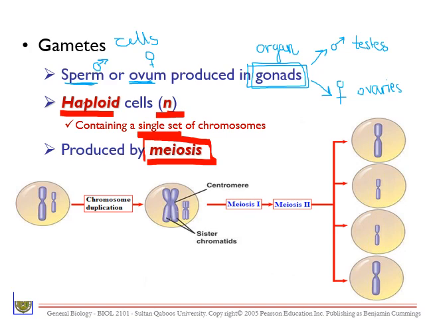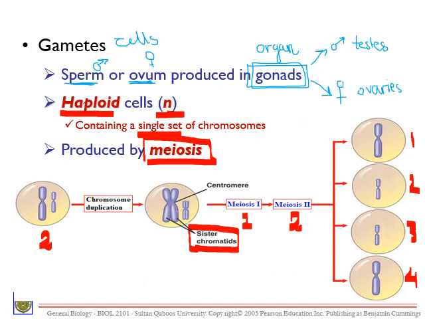Okay, let's have an overview of what happens in meiosis. Again, we start with one cell having two chromosomes. Then these chromosomes will be duplicated in the interphase, and we are going to have two sister chromatids for each chromosome. Then in this case, we have two divisions: meiosis 1 and meiosis 2. We're going to end up with how many cells? 1, 2, 3, 4.